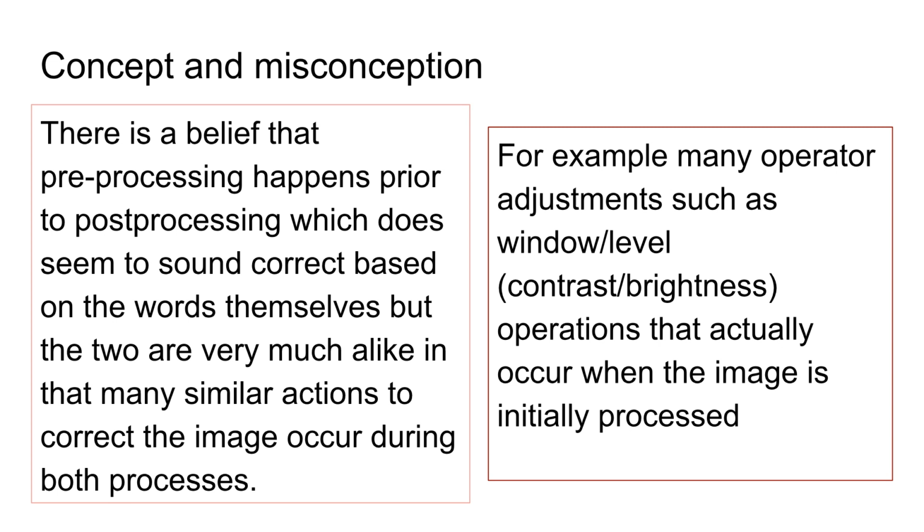We call it pre-processing, but essentially, if you decide that you don't like the contrast or the brightness and you want to adjust it yourself with your mouse or by putting in the numbers, or as I'll show you later, you can kind of pull on the histogram itself, you're really just asking it to redo this pre-processing again. It's not like it's going to do anything entirely different. It's just you saying, I don't really like it. So the actions between pre-processing and post-processing are pretty much the same.